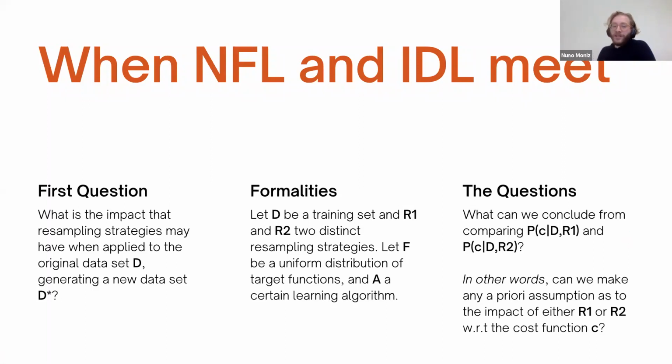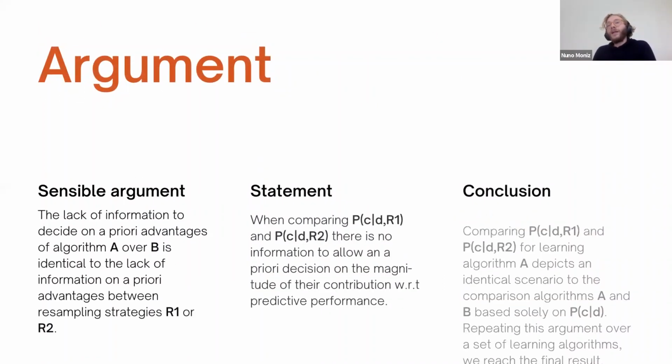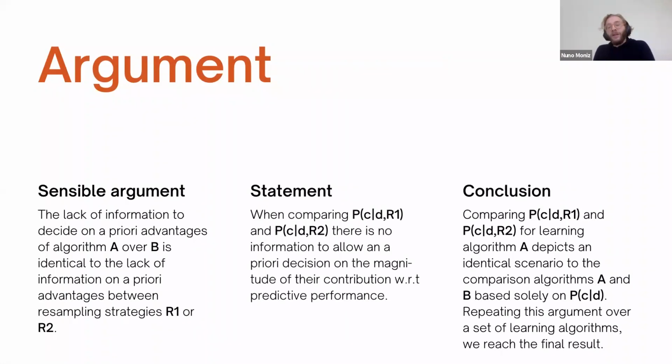I mean, what a priori assumptions can we make as to the impact of either resampling strategy concerning the cost function C? The argument that we made, we hope that it poses a sensible argument, is that the lack of information that we have in this situation is very similar, if not equal, to the situation that we had before, just concerning learning algorithms.